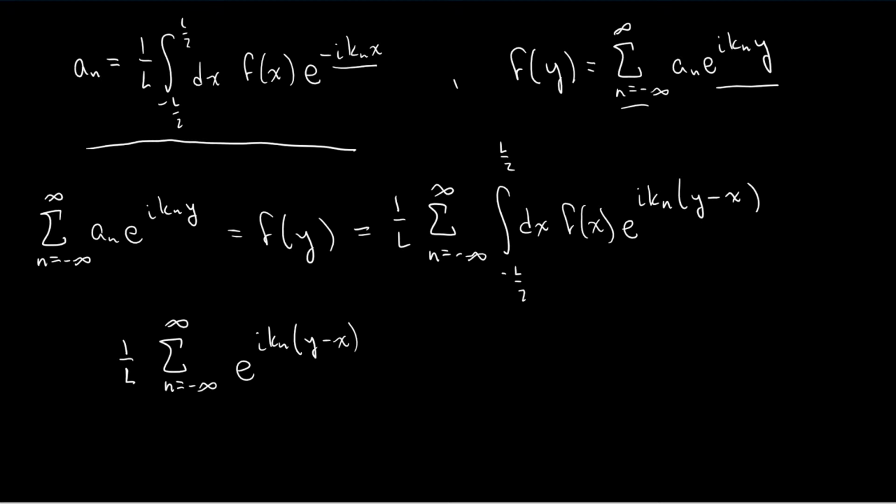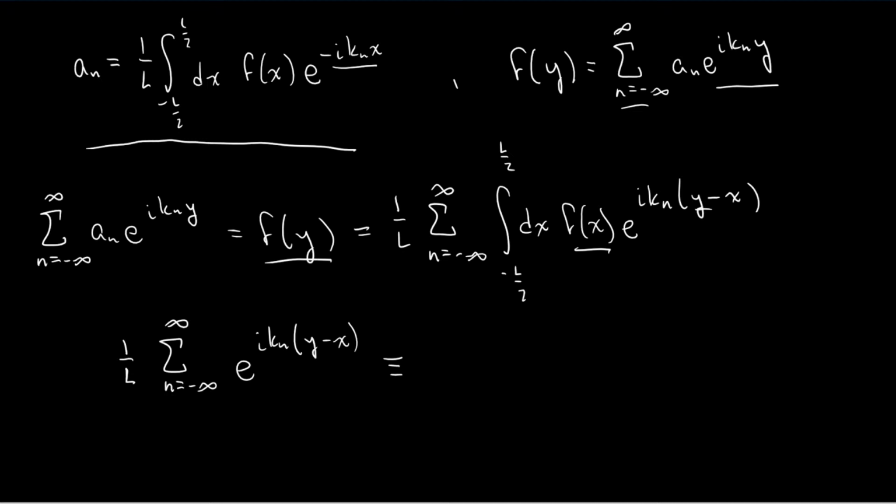You see that when I integrate, it doesn't matter if I do the sum first or the integral first. So let's say I do the sum first. When I integrate after doing the sum, I get exactly the function that's in the integrand, except evaluated at this point here.